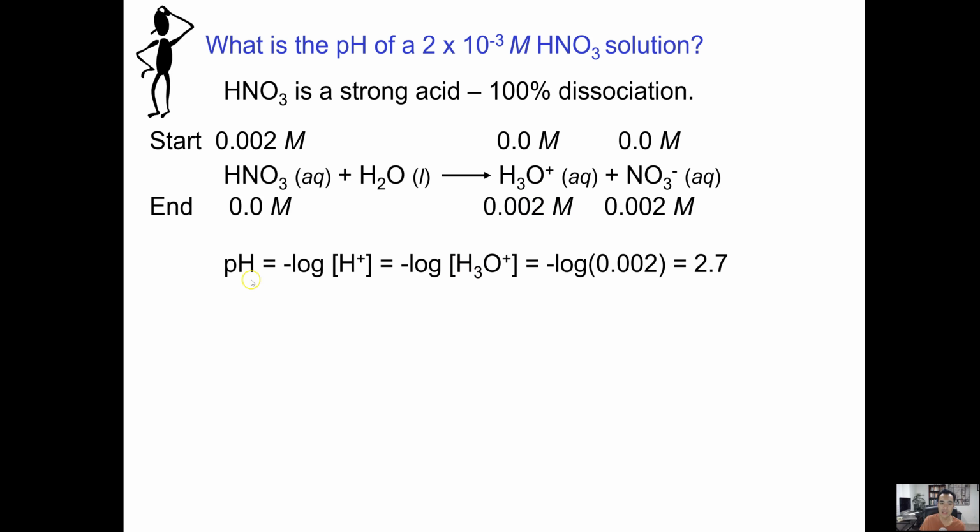Now, if you go ahead and take the negative log of that, you should find out that the concentration is going to be the same for the H plus, which in this case is H3O plus, which in this case will be 0.02. So again, we're using H plus and H3O plus interchangeably, but that hydronium ion is actually what we're dealing with as this acid gets into the liquid.